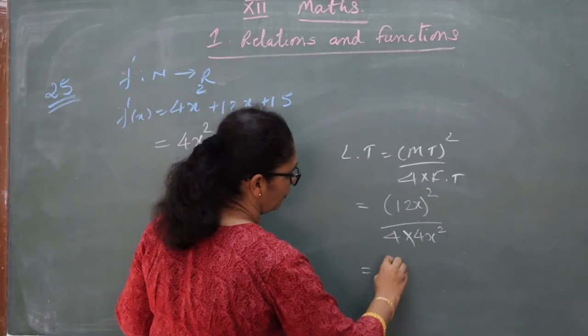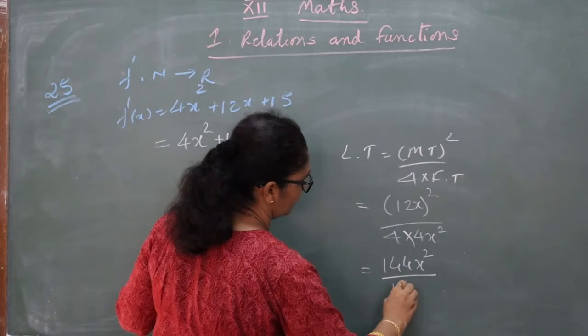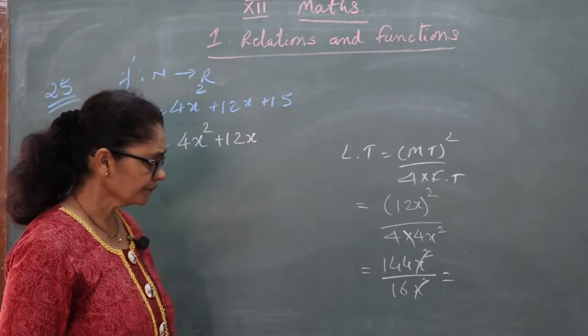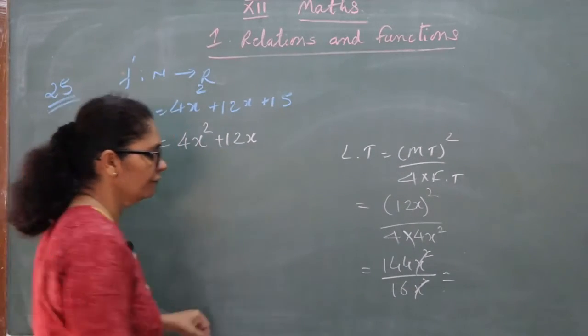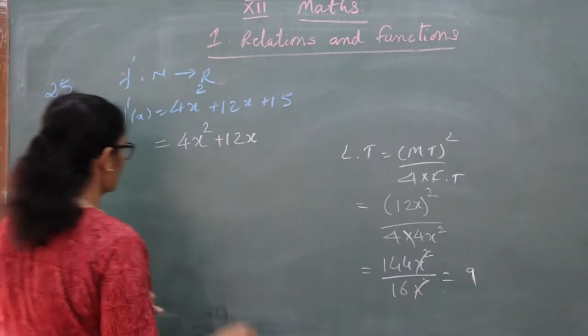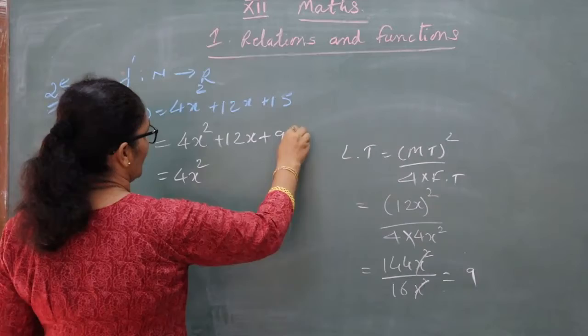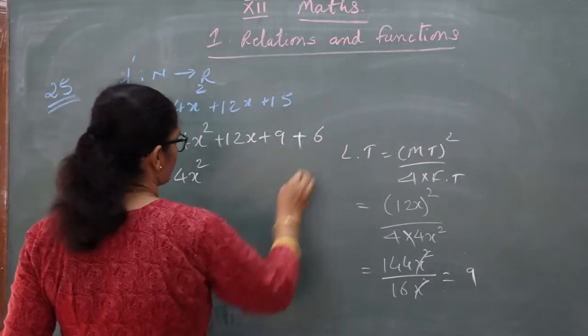So we can write 144 x square upon 4 fours are 16 into x square. Okay, now you know what the arrangement is. 16 nines are 144. So your last term should be 9. So 4x square, see, when you write 9, here we have 15, so 6 is remaining.